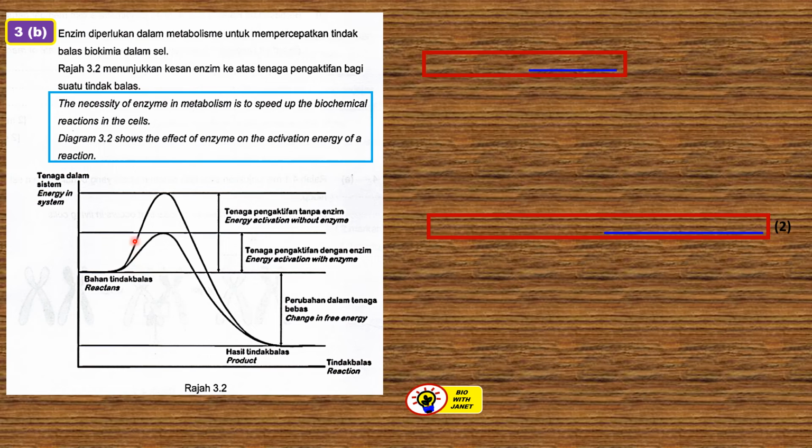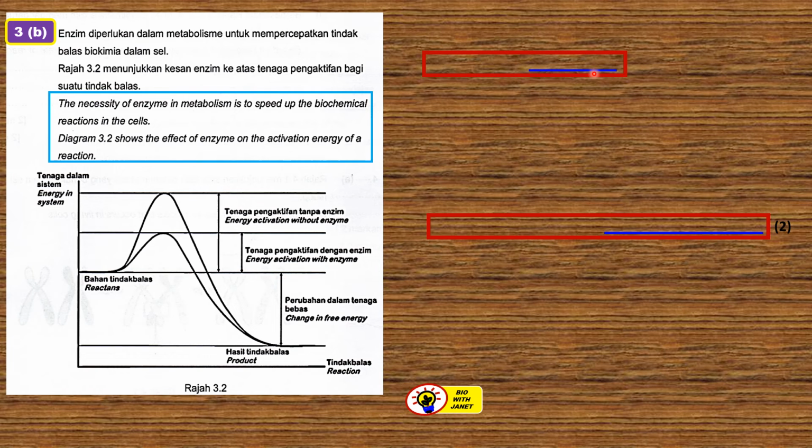Then when the reaction occurs, you need the activation energy for the reaction to start. If no enzymes are involved, the activation energy is quite a lot, from this point to this point. That's the activation energy without enzymes. But if enzymes are used, the graph is lower, showing that the activation energy needed for the reaction to occur is less.